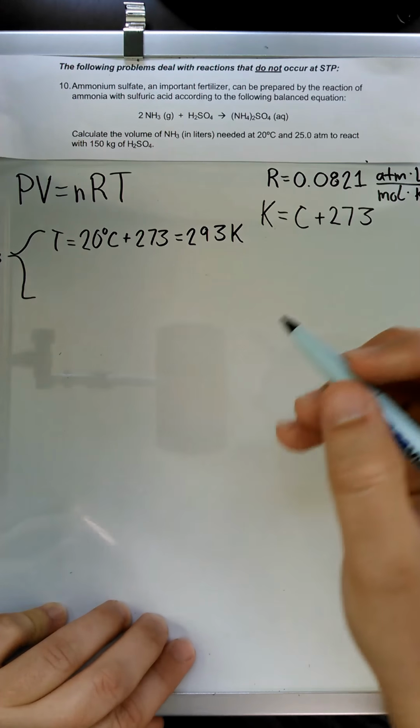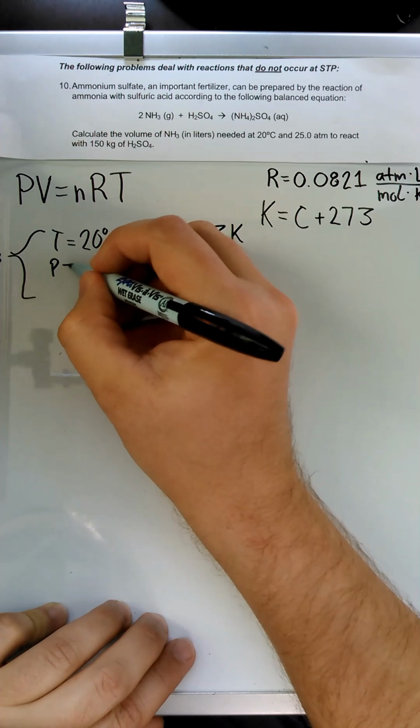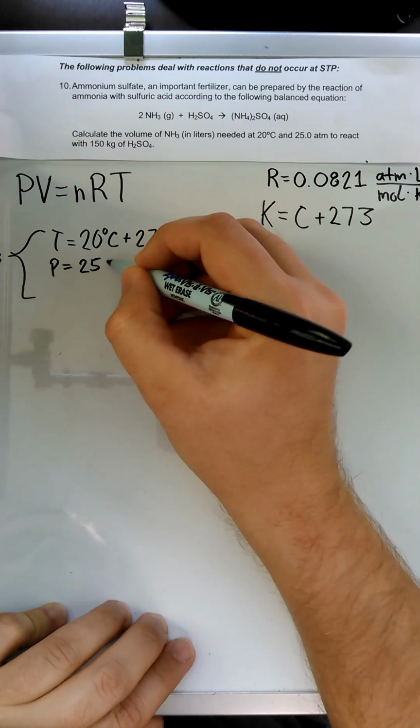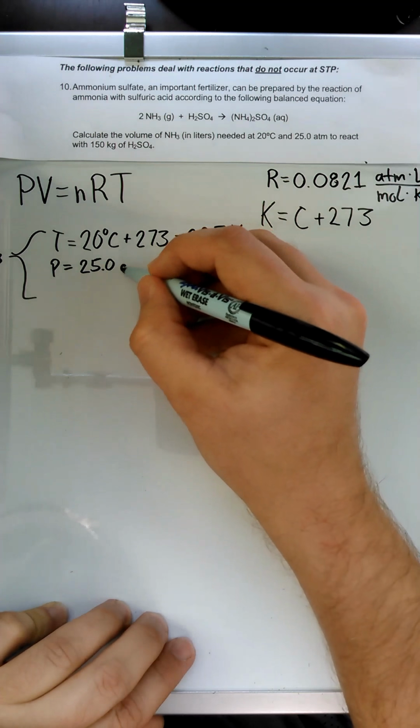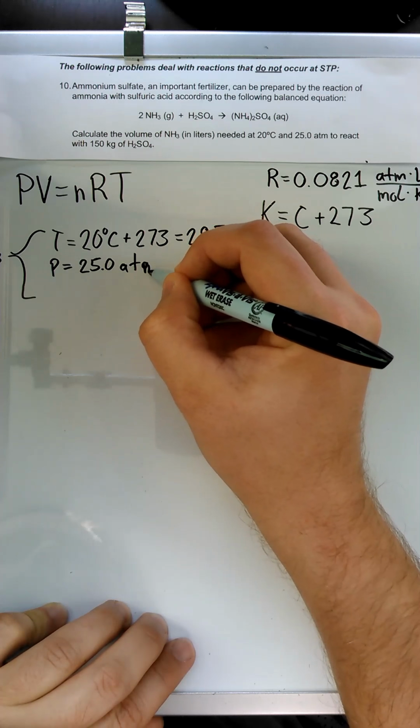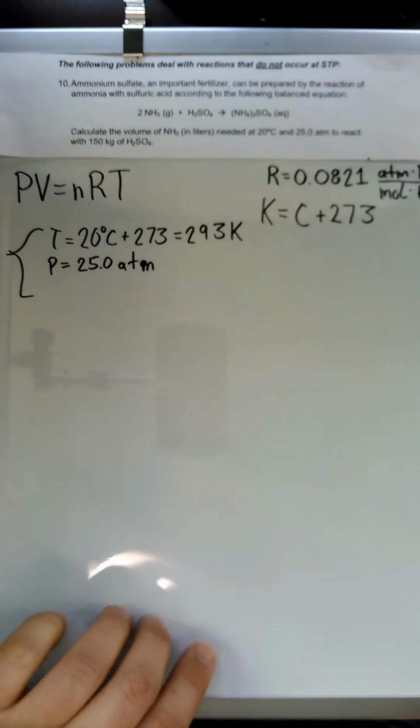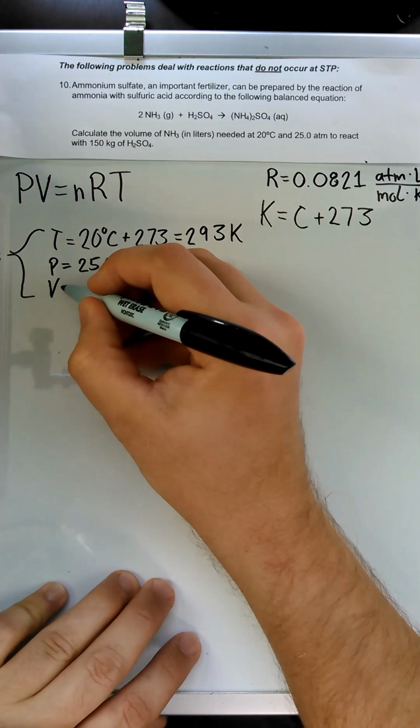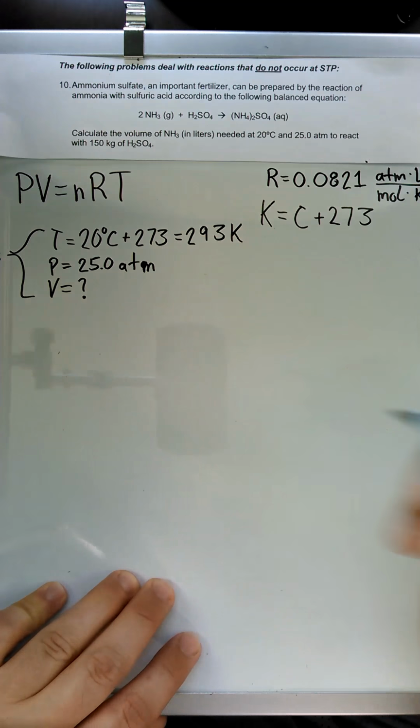We have a pressure given for ammonia as 25 atm. And we're asked for the volume. That's our missing variable, our unknown, so we'll put a question mark for volume.